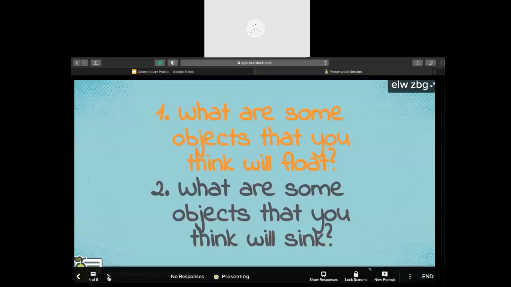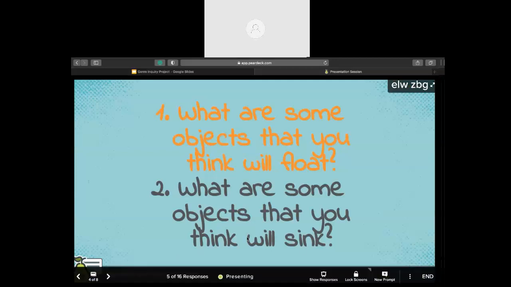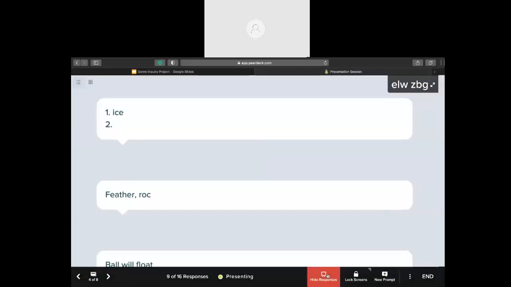Okay, so the next question I have for you is, what are some objects that you think will float, and what are some objects that you think will sink? If I was to drop an object in water, which do you think will sink and which do you think will float?